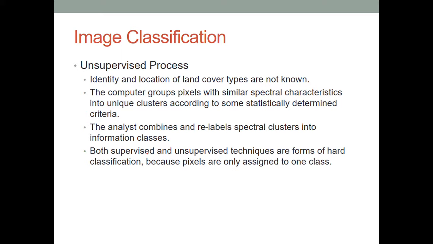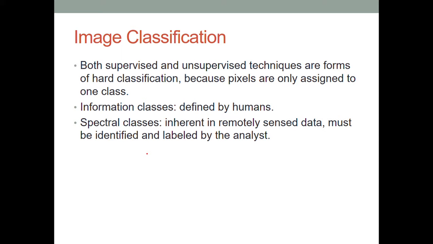Both supervised and unsupervised techniques are forms of hard classification because pixels are only assigned to one class. Land use might be much more detailed, so after we do land cover, the analyst will try to refine it into land use.